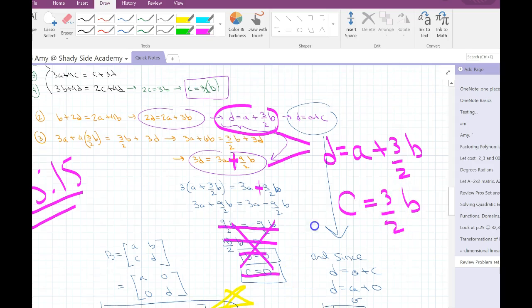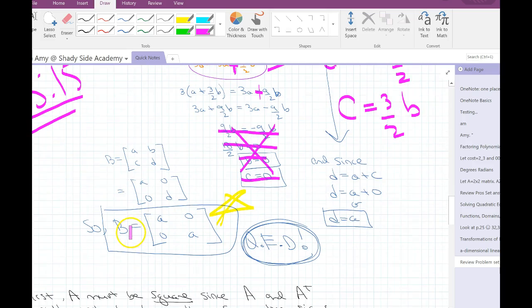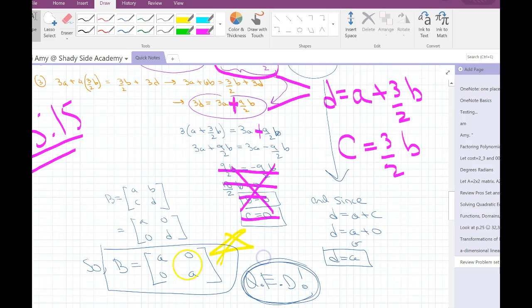So at the end of the day, matrix B is, this is a possibility, but I was making the assumption that I'm looking at a scalar multiple of the identity, 1001, which is this, and that was a total assumption.